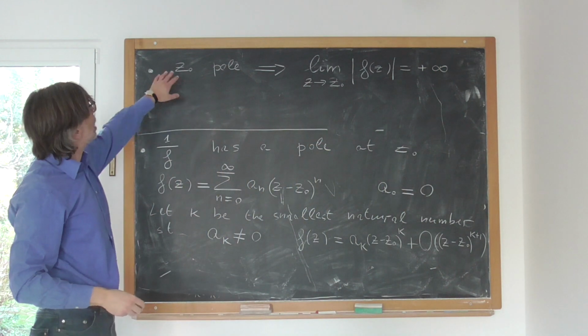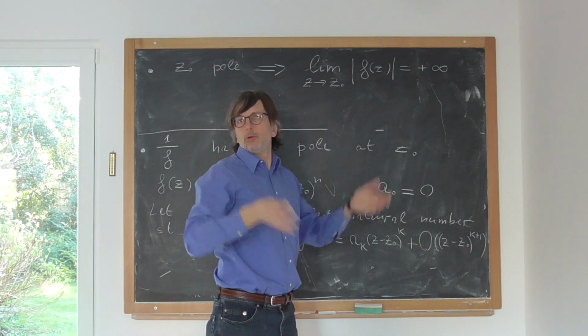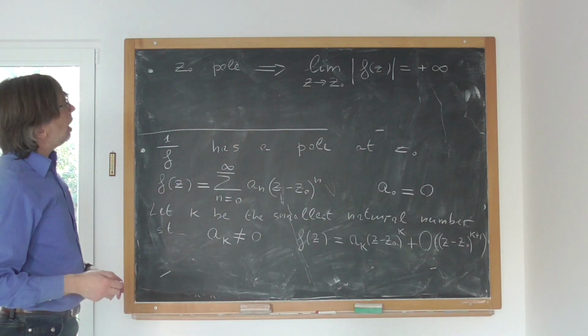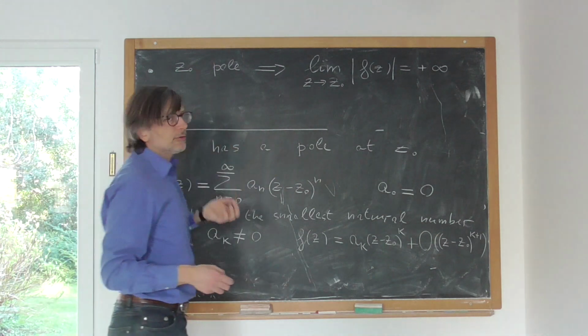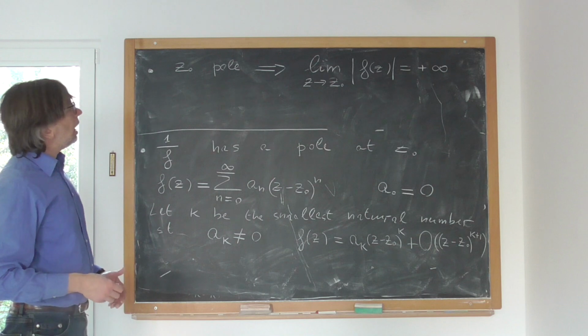So, near a pole, the absolute value of a holomorphic function diverges. Near a removable singularity, instead, the holomorphic function is converging to some finite value.